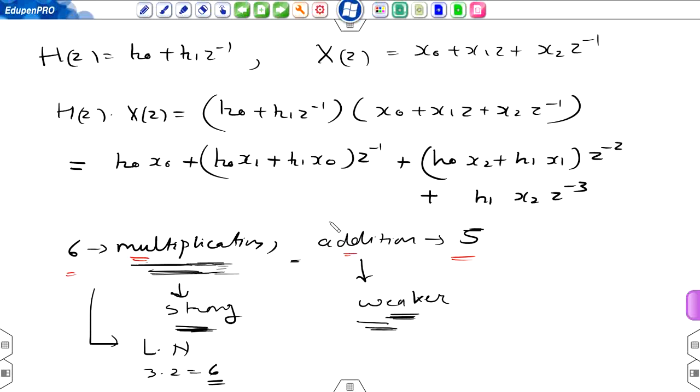Okay, so this is the basic concept of speeding up the convolution operation, and we will start with first Cook-Toom algorithm, that is based on Lagrange's interpolation, and second is Winograd algorithm based on Chinese remainder theorem, CRT algorithm. Okay, so those two algorithms will be used to derive the concept of fast convolution.